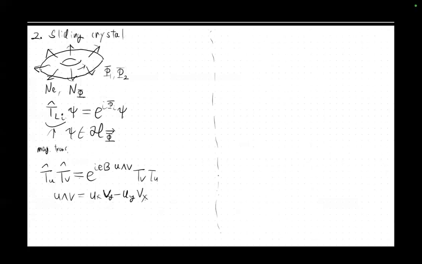Now, there's one very important thing to note for later, which is the action of the translation on the Hilbert space. So let's start with some psi, which lives in a particular Hilbert space. Then what we can do is to act with t hat u. Now, what's the boundary condition of this? To see it, I can act with T_L, let's say 1, and I need to commute them past each other.